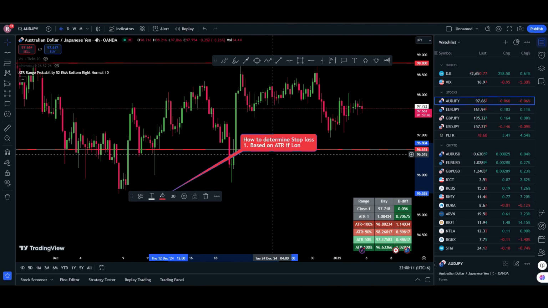If long, it should be negative 100% of ATR, and if short, it would be positive 100%. Why did I put so many brackets?